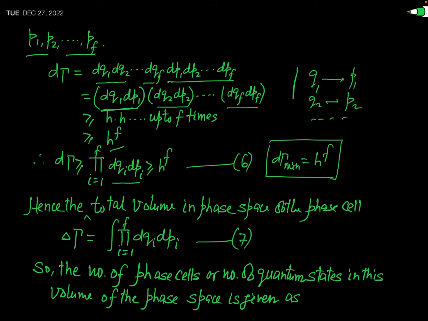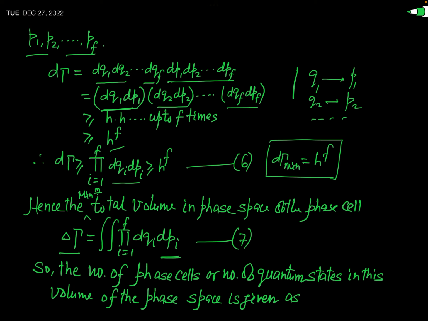Hence the minimum total volume. I am not now writing the sign minimum, but this delta gamma represents the minimum total volume in phase space of the phase cell. That will be simply equal to integral of this much. Okay, when you will integrate this, you will get actually the total volume of the phase cells in the phase space.